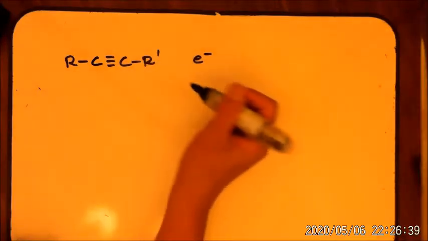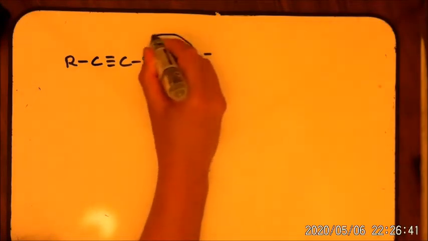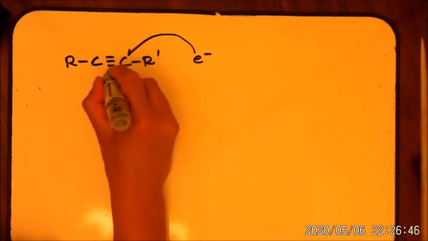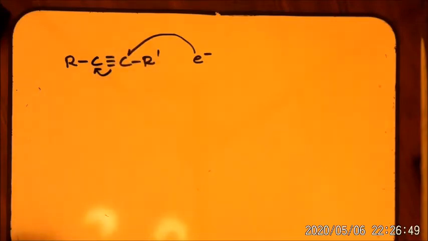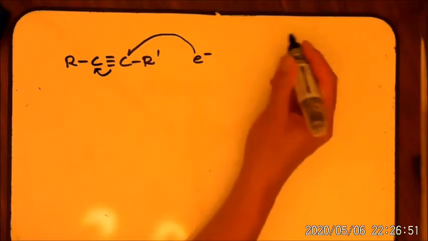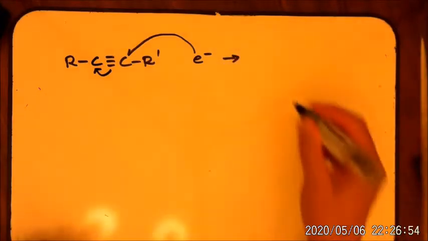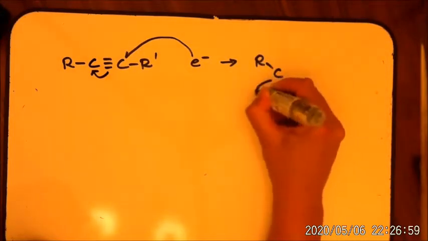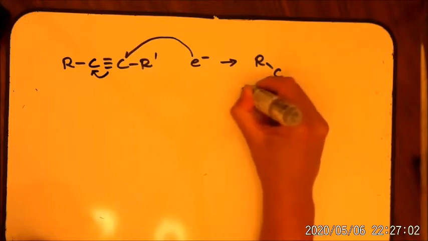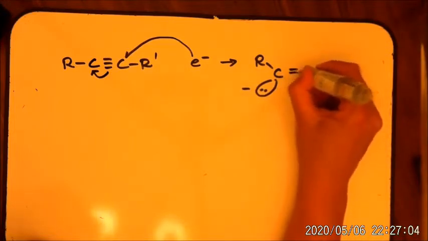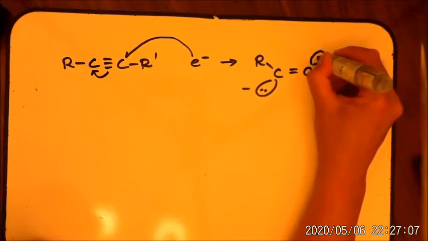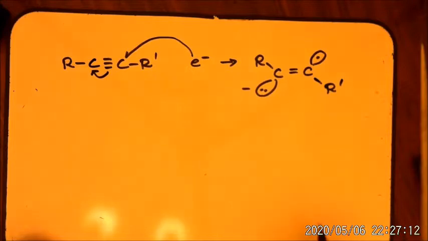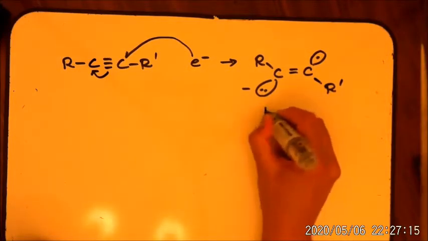My electron will attack one of my carbons, and here 2 electrons get pushed onto that carbon. So what happens is this. You get R, C, C minus, double bond. This is my radical. This is R prime. And I'm in ammonia.